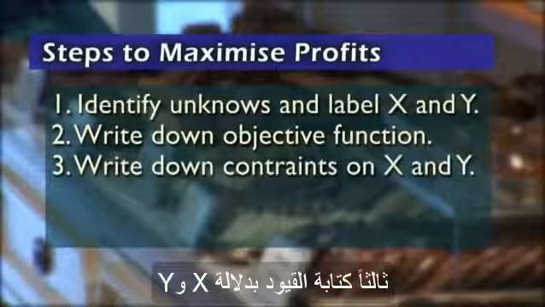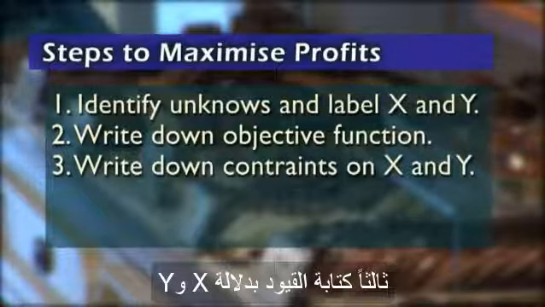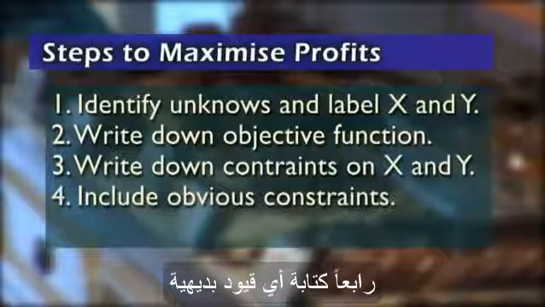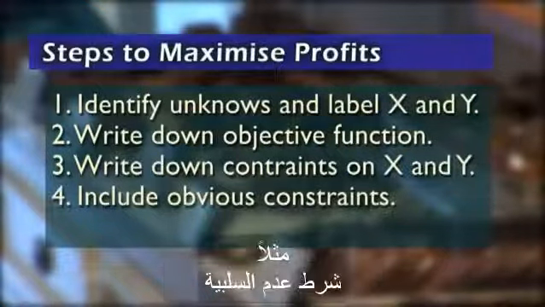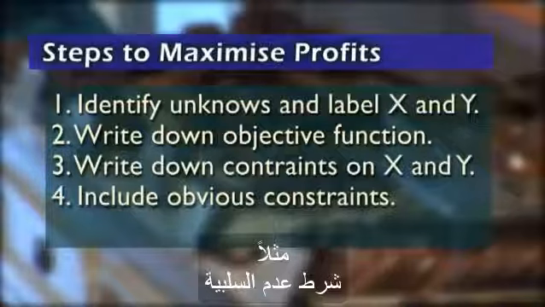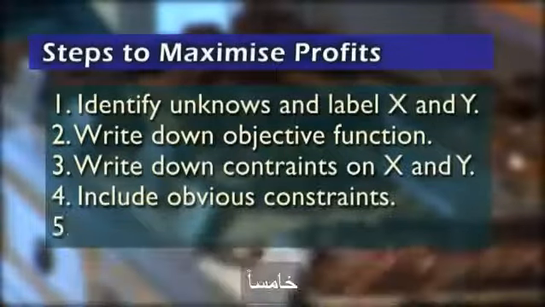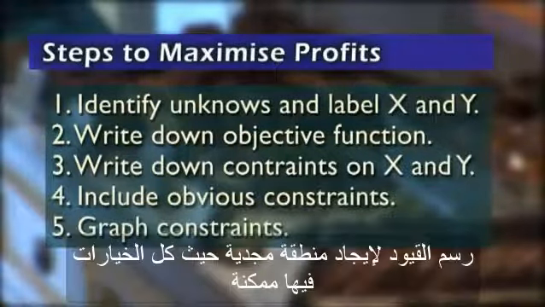Third, write down all constraints on the variables X and Y. Fourth, write down any obvious constraints, such as which you may have forgotten about. Often these are non-negativity constraints. Here, for example, the output of batches of chocolate can't be less than 0. And fifth, graph the constraints in order to find the feasible area, that is, all the options that are possible.